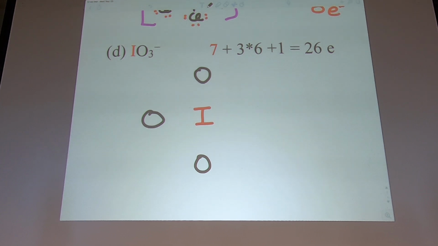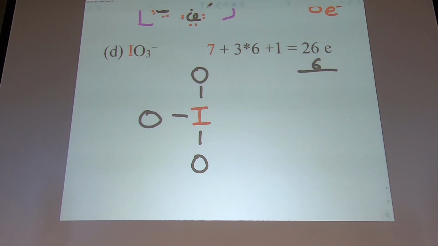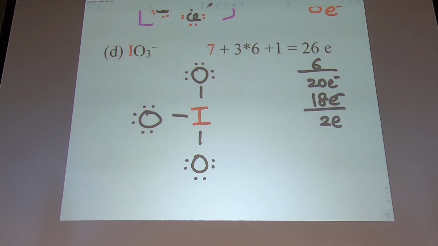So you just let them surround this way, and then I want to do 1, 2, 3. So that will be 6, 20 electrons. Okay, there we go. 1, 2, 3, 4, 5, 6. So 18 electrons. 2 electrons left.